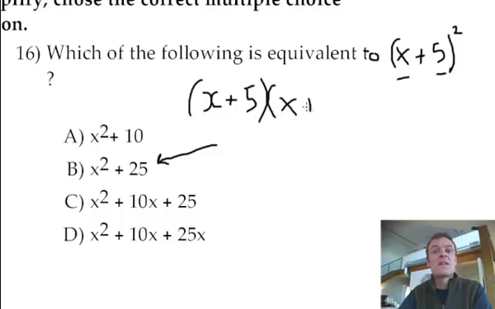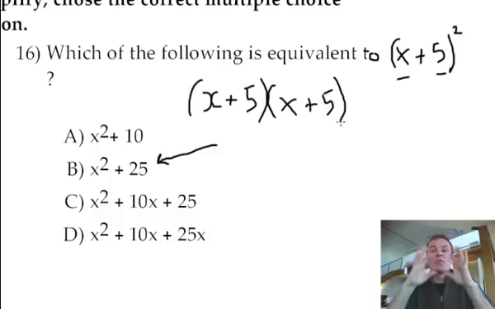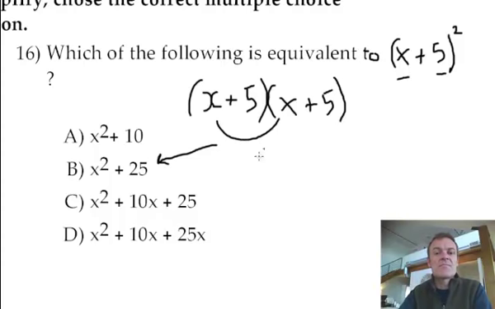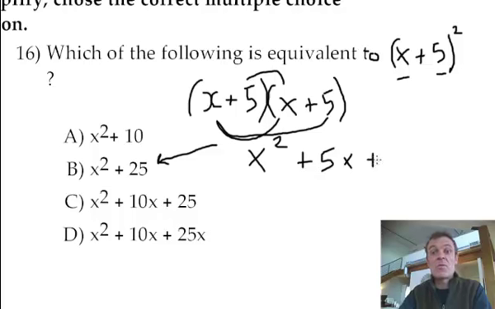So this is you doing a FOIL. You're going to miss parts out if you don't do the full FOIL. So here we go. First, what's x times x? It's x squared. What's x times 5? It's positive 5x. So there's the first and the outer. The inner, what's 5 times x? Again positive, another 5x.